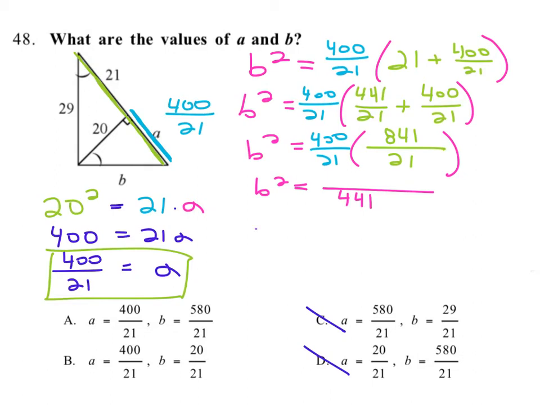I'm going to do this math over here on the side. We get 0, 0, 4 times 1 is 4, 4 times 4 is 16, carry the 1, 4 times 8 is 32, plus 1 is 33, 336400.